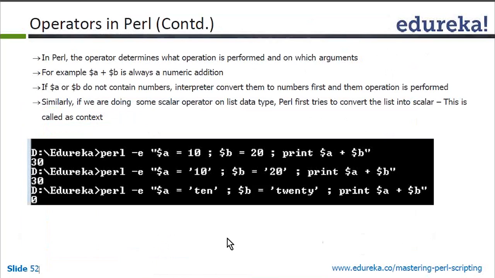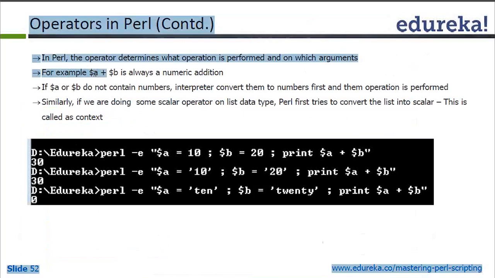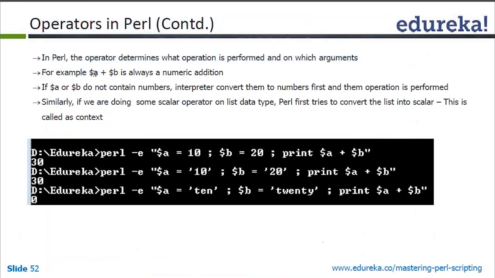What it means is, when we want to do an addition, multiplication, or any operation, the interpreter must understand what is on the left hand side of the operator and what is on the right hand side. If these are not compatible, Perl will first make them compatible and then do the operation. So if $a and $b do not contain numbers, the interpreter converts them to numbers first.